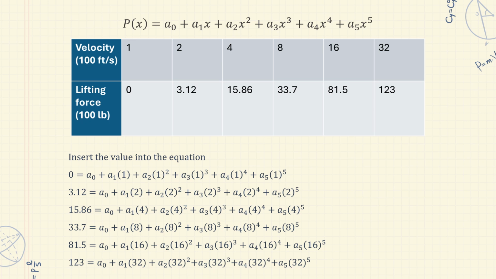The velocity is represented as x in the equation. Thus, we substitute all the x according to its own value, which is the lifting force. This is shown to bring out the system of linear equations.